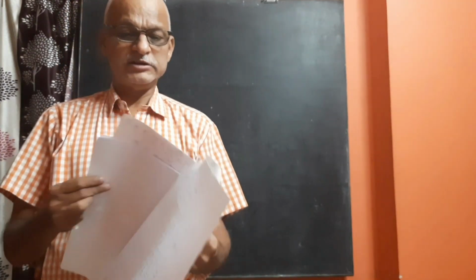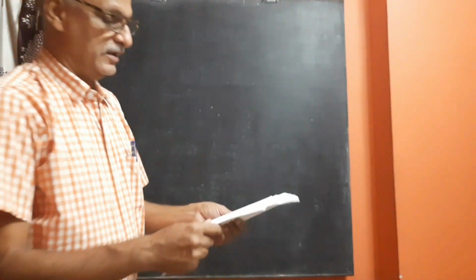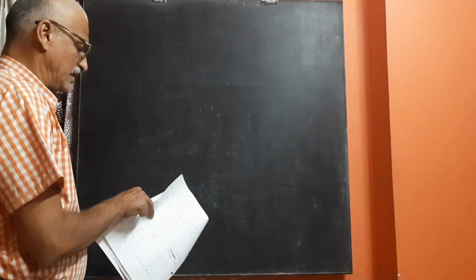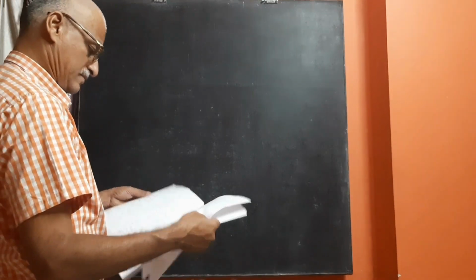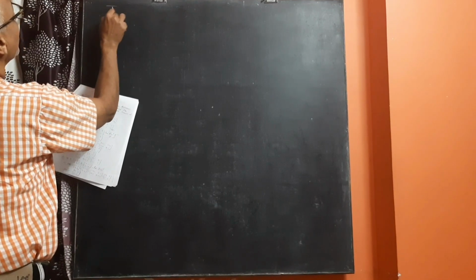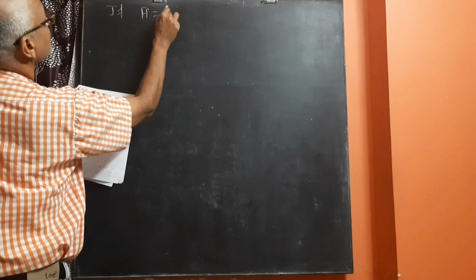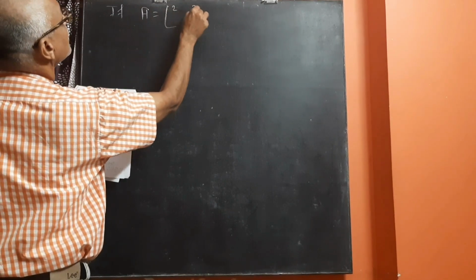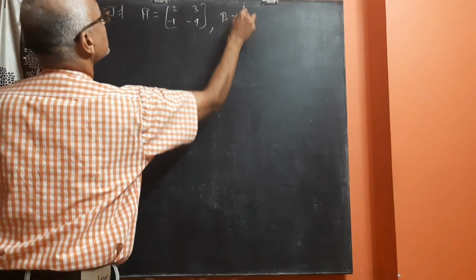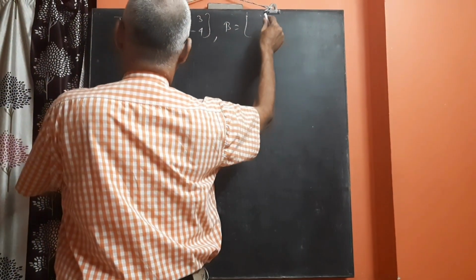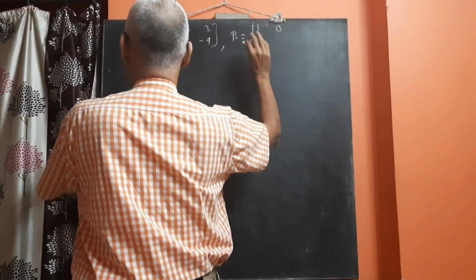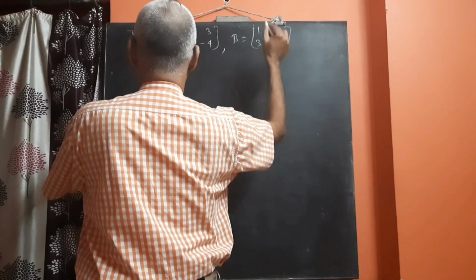Our first problem. Today's first problem is: if A is equal to the matrix of 2, 3, minus 1, minus 4, and B is equal to the matrix of 1, 0, 3, minus 1.